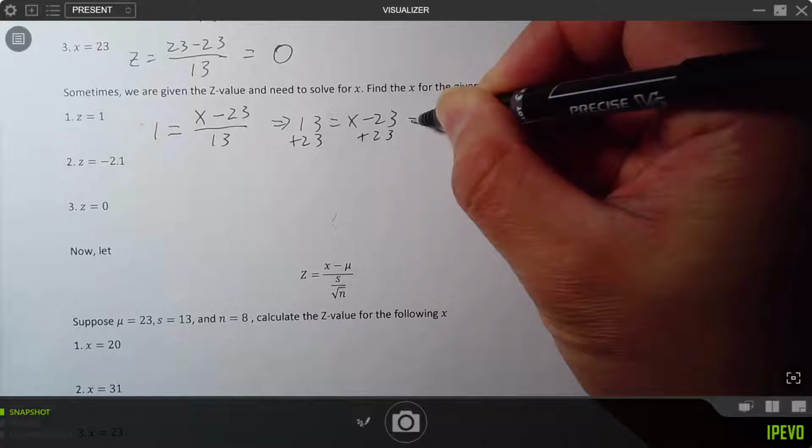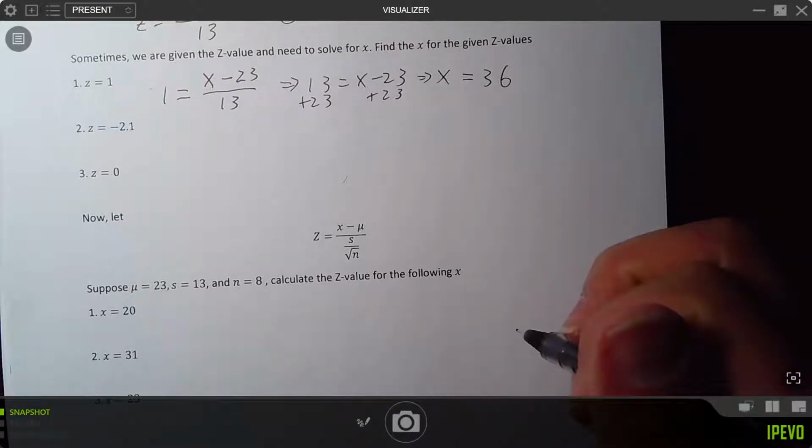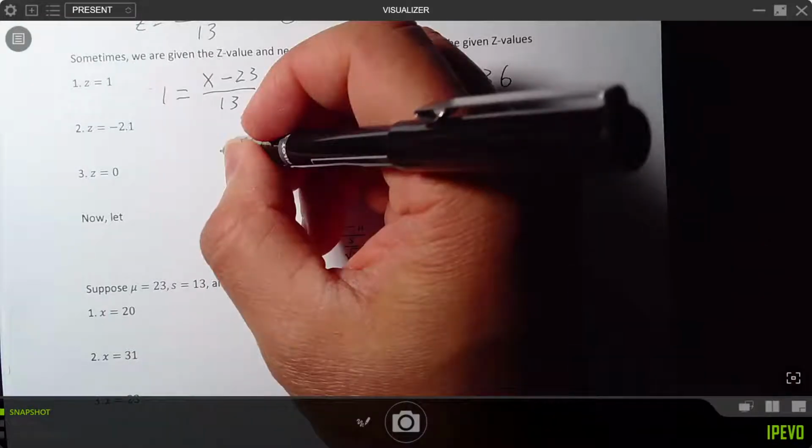Give the next two a try. You can feel free to pause the video and start it again once you have the answer. There we go. So z equals negative 2.1, this will be x equals negative 4.3.